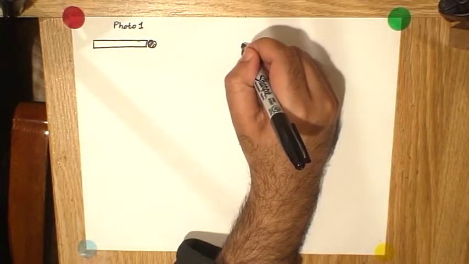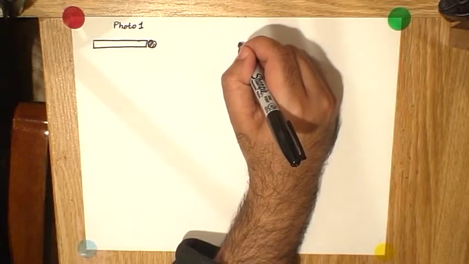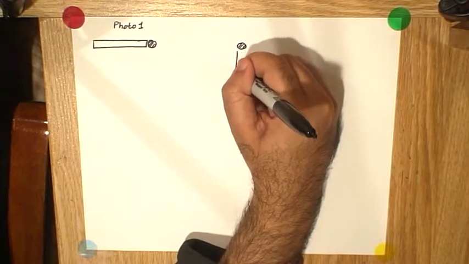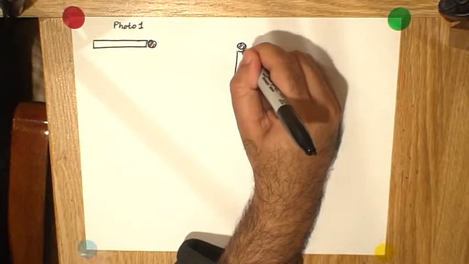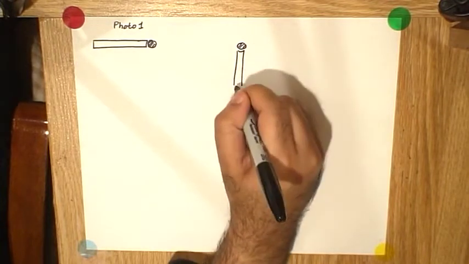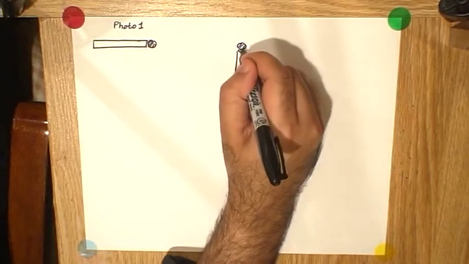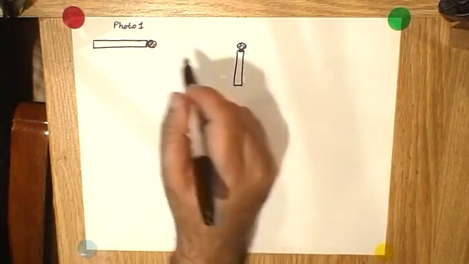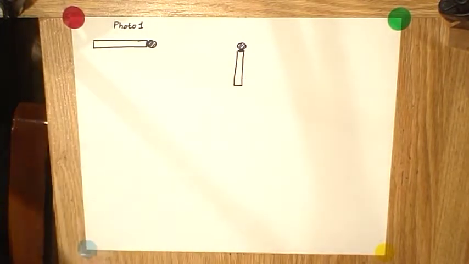Now where the rod is vertical, it's going to look something like this. This rod, of course, is attached here, and it's able to spin freely without friction.